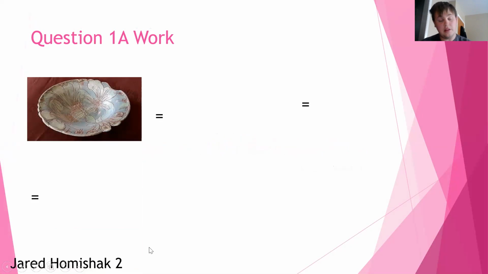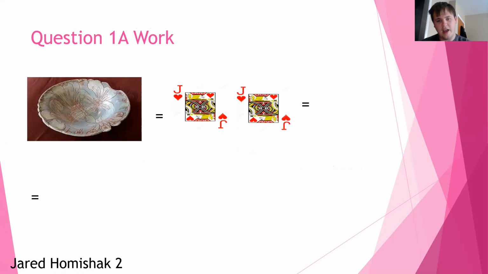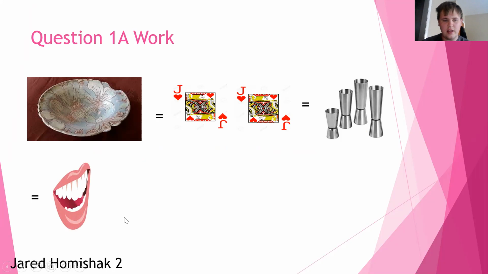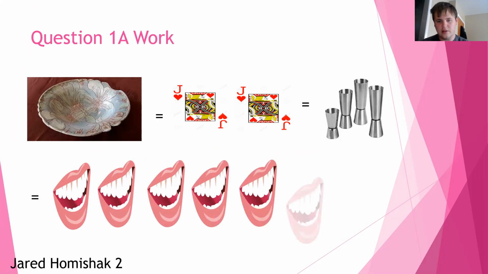Based on our chart, we know that a jill is equivalent to 2 jacks. And we know that a jack is equivalent to 2 of these. So 2 jacks is equivalent to 4 of this, and that all adds up to be 8 mouthfuls.